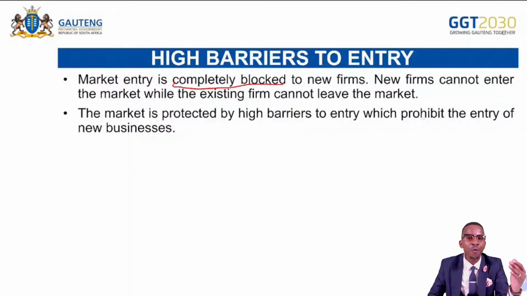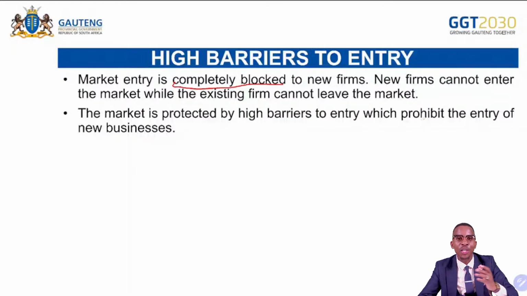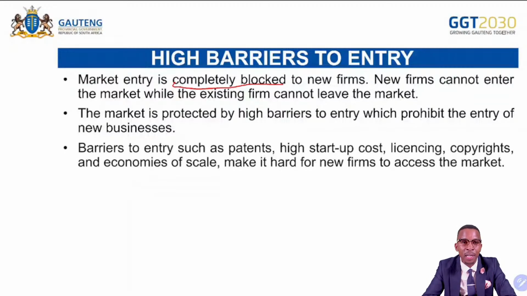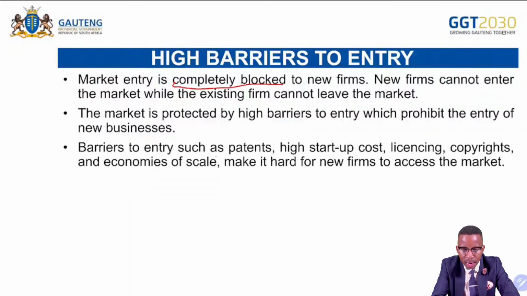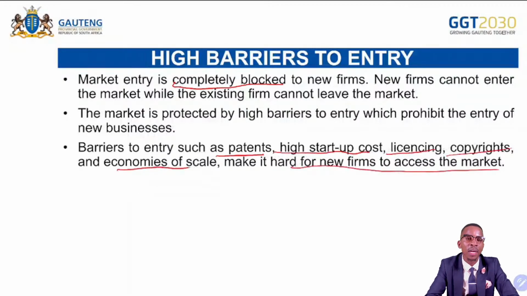Like discussed before, I've mentioned that this barrier to entry can either be artificial or natural. So there are indeed high barriers, and that will result in the firm being the only supplier or producer of a unique product under the monopoly. Barriers such as patents, high startup cost or high capital, licensing, copyright, and economies of scale make it hard for new firms to enter the market.